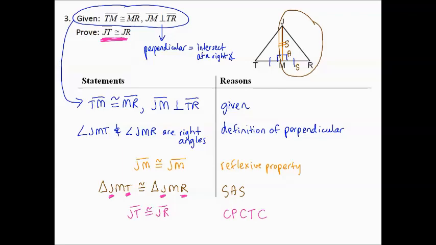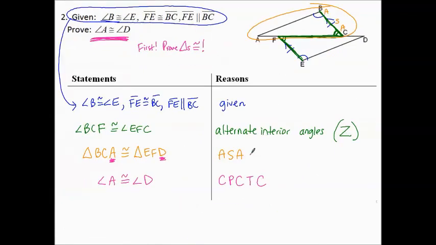Do you notice a pattern? We always use CPCTC after a congruence postulate or theorem. So first we say the triangles are congruent, then CPCTC. Previous proof, triangle congruence postulate, then CPCTC.